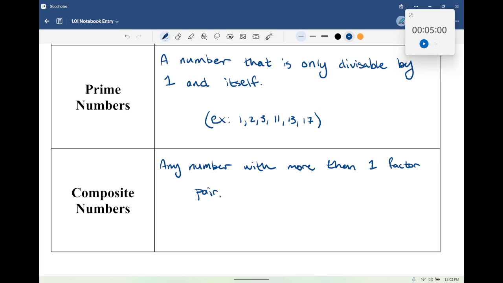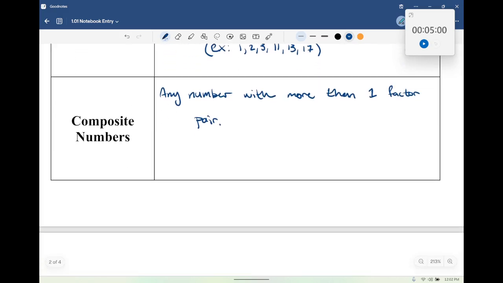Right? In other words, there's just multiple sets of numbers that you can multiply to get there. 8, for example, is composite. 8 has 1 and 8, but it also has 2 and 4.